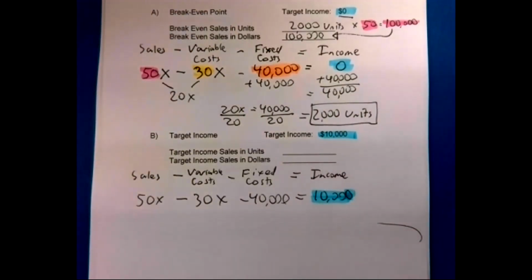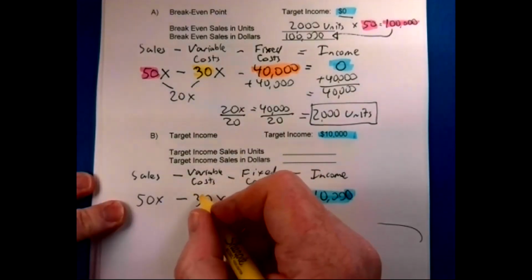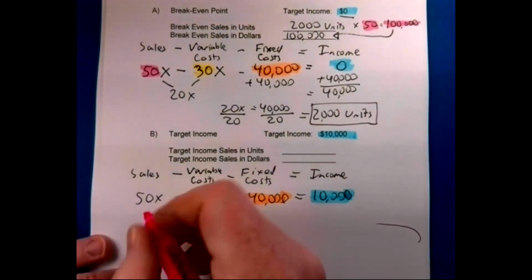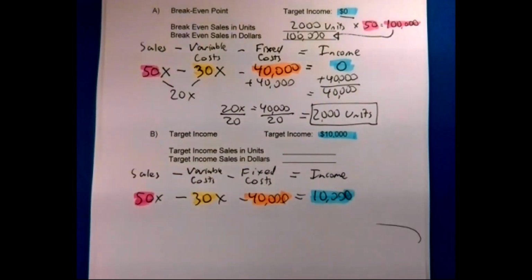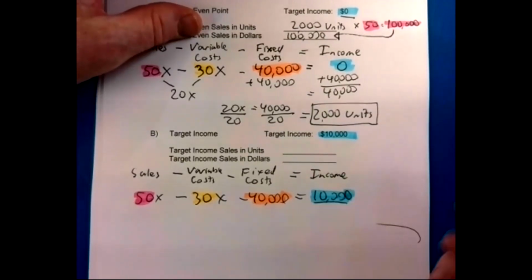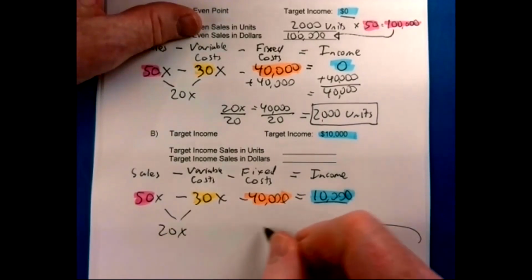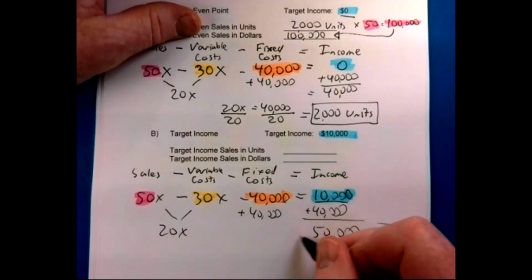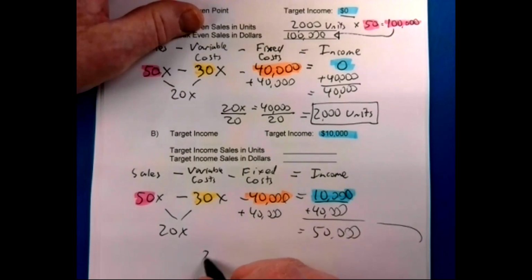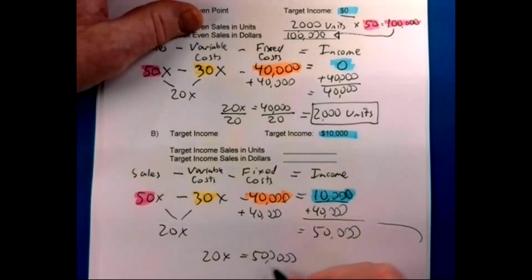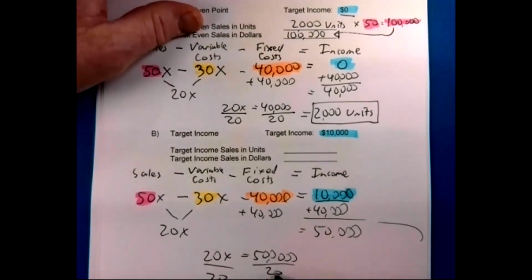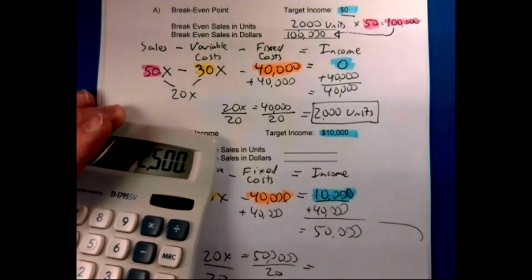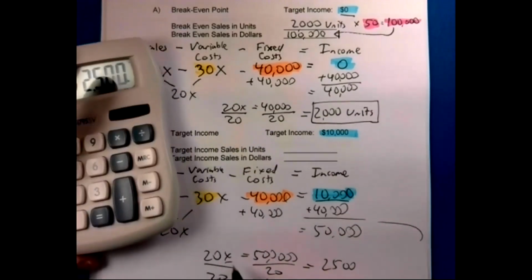Now we just solve it for x. So the only thing that's changed is right there. We'll get these closer together. Divide both sides by 20. So x is going to equal 2,500 units.